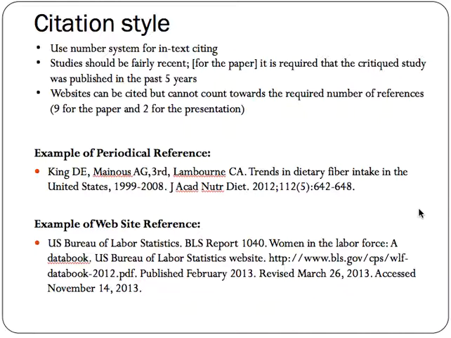Websites can be cited, but won't be counted as one of the required number of references. Another posted video will explain how to create these in-text citations and bibliographies in the appropriate style for this paper, so make sure to look for that on Blackboard.